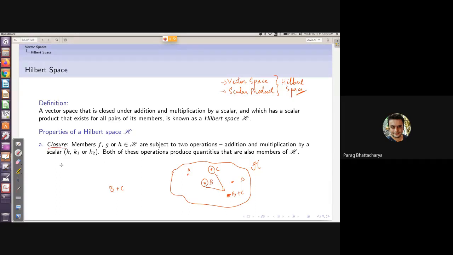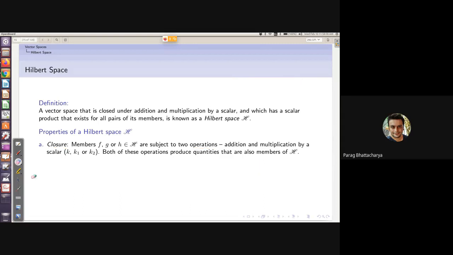So this is what is meant by closure. You do these two operations, and the result that you'll get will also be a member of the same Hilbert space. So that's the closure property.